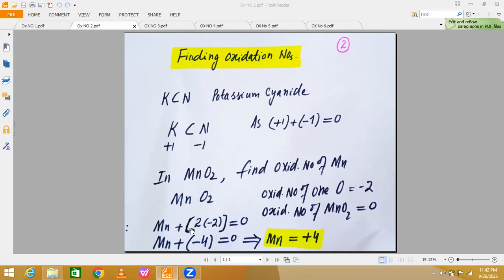So manganese plus 2 oxygen atoms into -2, and you can see manganese plus -4 is equal to 0, and that comes to be Mn is equal to +4. So the oxidation number of manganese in MnO2 would be +4.